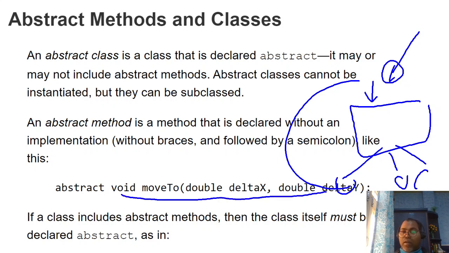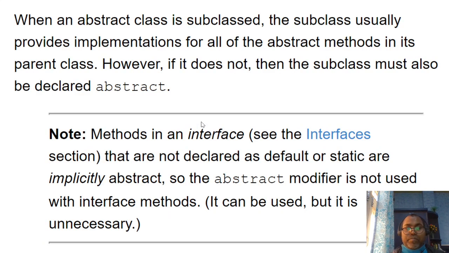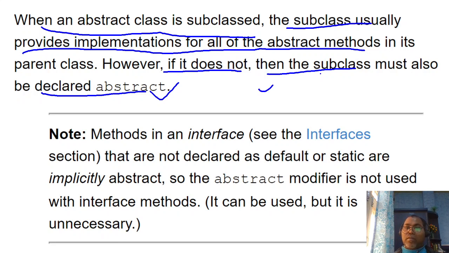An abstract method is a method that doesn't have a method body. Subclasses usually provide the implementation of all abstract methods. If they do not provide it, then the subclass must also be declared abstract. In the case of our ABC1, if it implements the abstract method but does not define the test method, then this subclass is also marked as an abstract class.